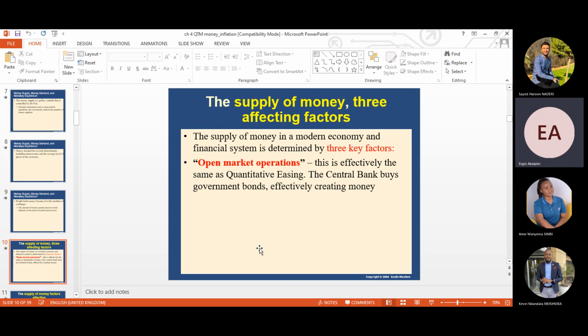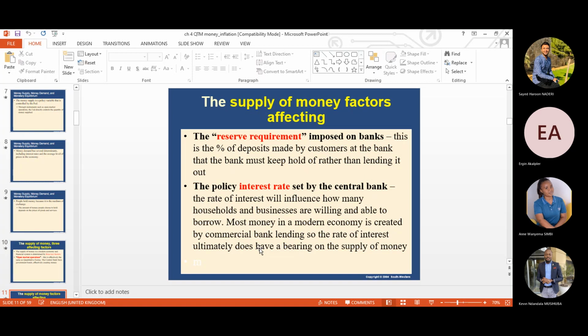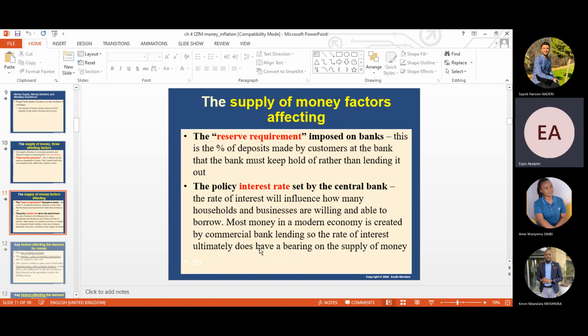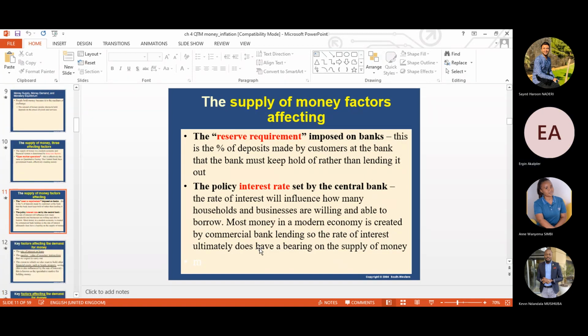If there is too much money supply in the market, this is the first and most important tool of the central bank for controlling the money market. There is also a reserve requirement imposed on the banks by the central bank. This is the percentage of customer deposits that the bank must hold rather than lend out.